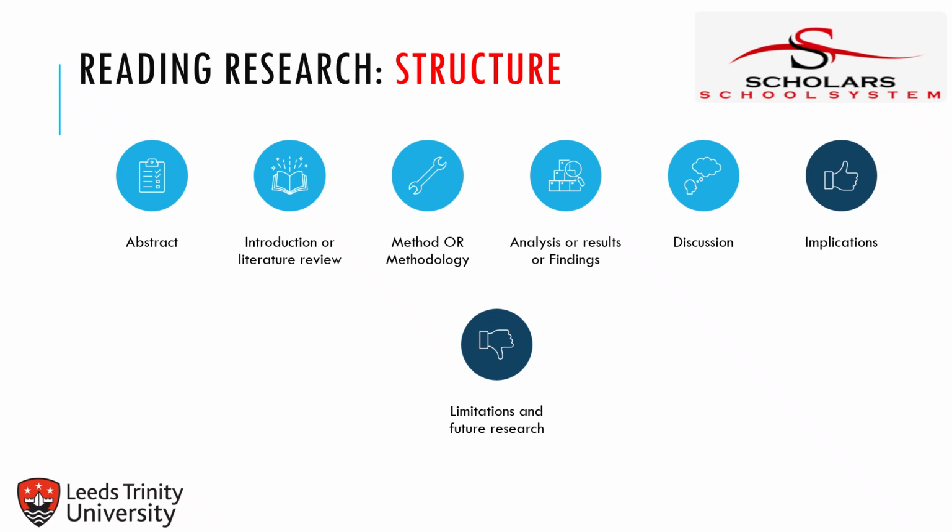Further, you can see the methods or methodology section, like what types of methods they have used to collect the data. After collecting the data, you can see the next section, that is the analysis or results or findings, where the researchers will show the results about their data, like what type of results or findings they have found.